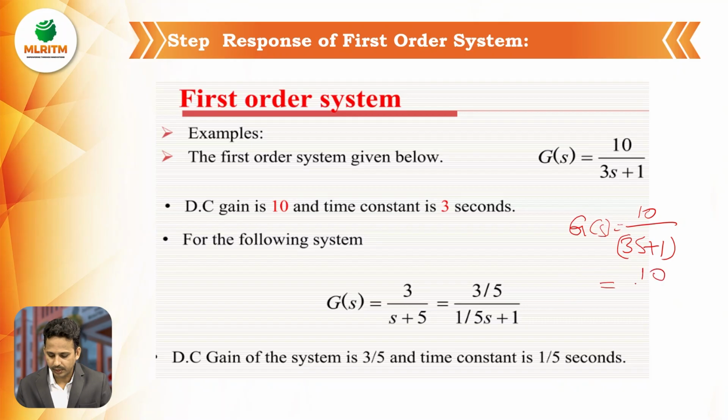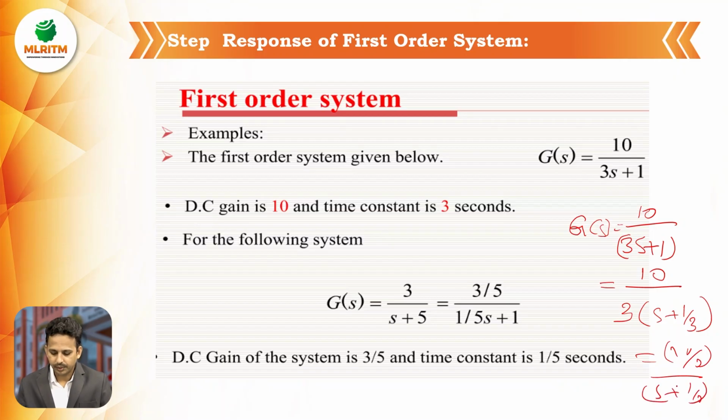So 10 by 3 into S plus 1 by 3, that is 10 by 3 by S plus 1 by 3. Here 10 is the DC gain of the system. And 3 is the time constant of the system.